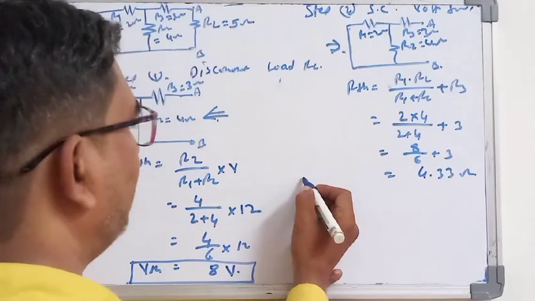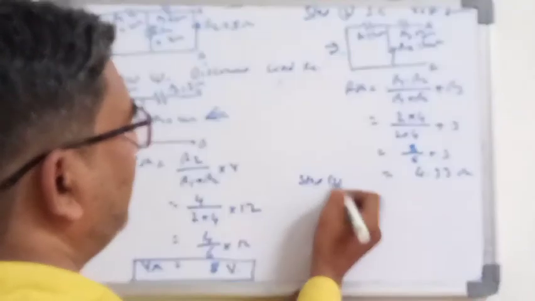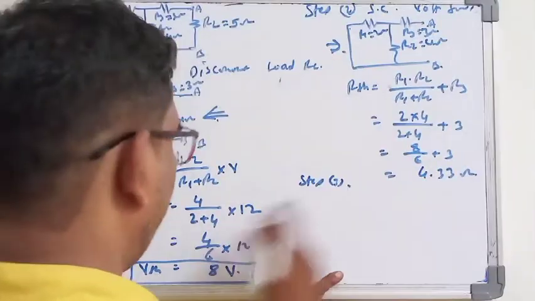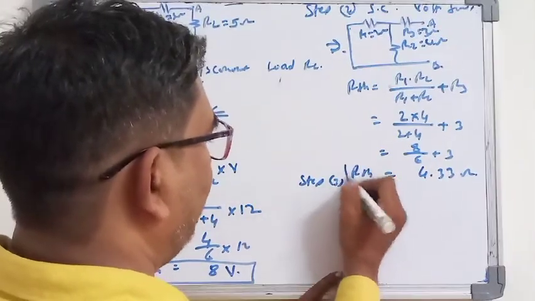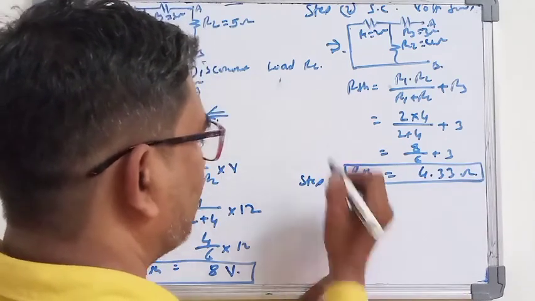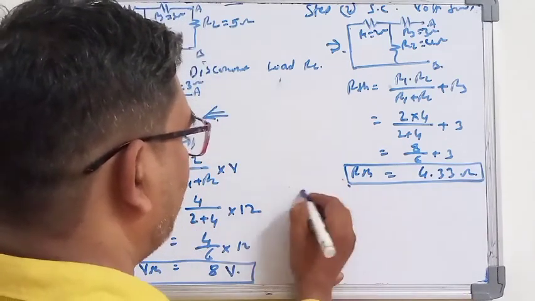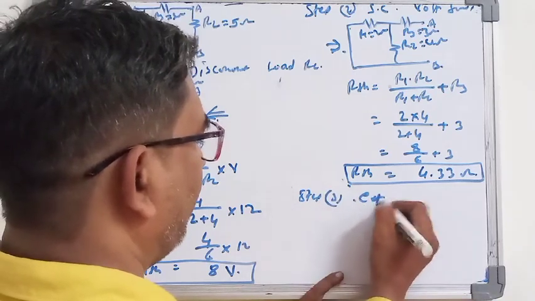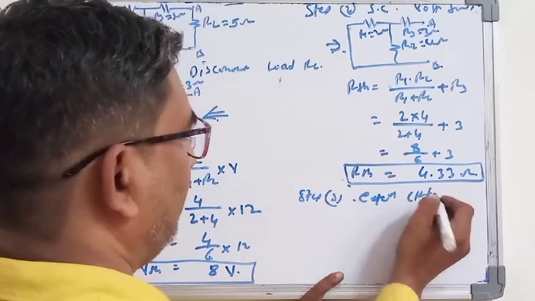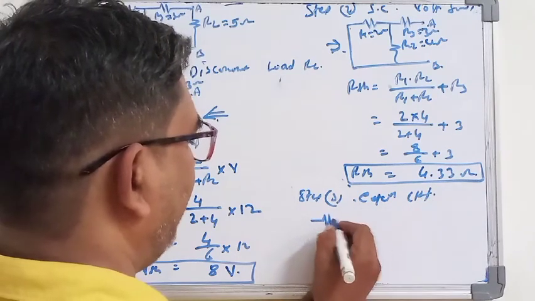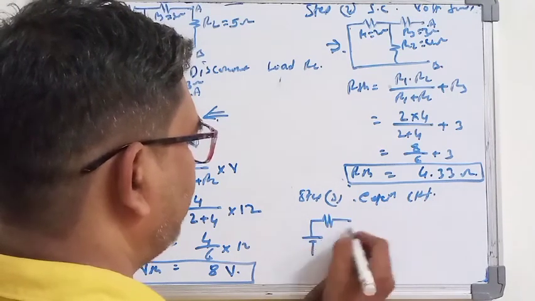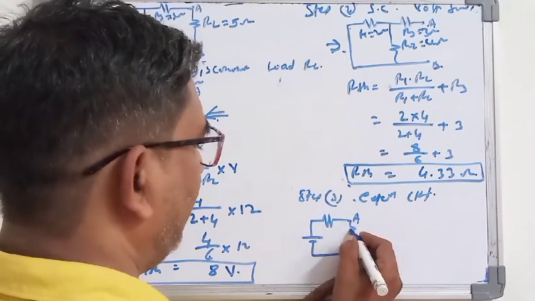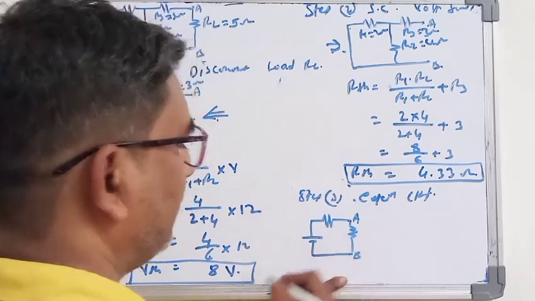Then the step number third. What? The equivalent circuit we have to find out. Whatever we have found out, here it is RTH, you have to put this RTH in a box. Step number third, equivalent circuit. It has the RTH value, the VTH value, terminal A, terminal B, and the load resistance we had removed.